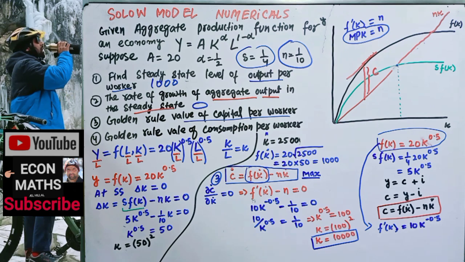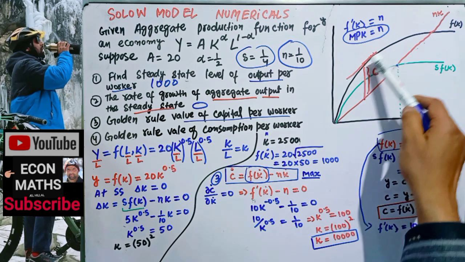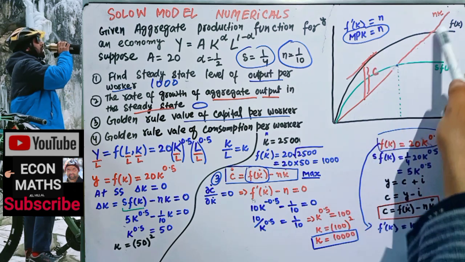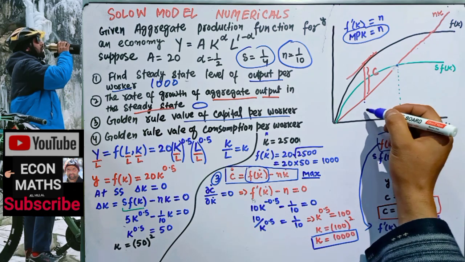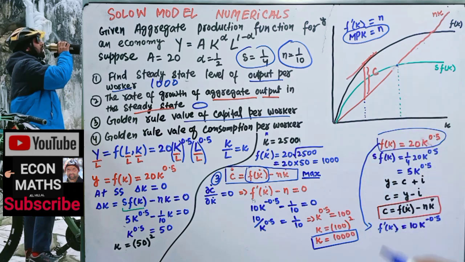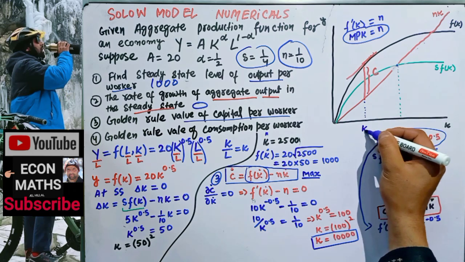When the gap between this production function and this nk line is greatest, corresponding to this gap we have our golden value, let us denote it by k star g.